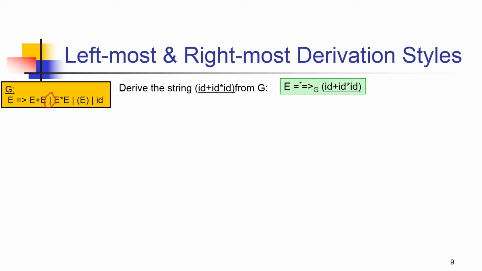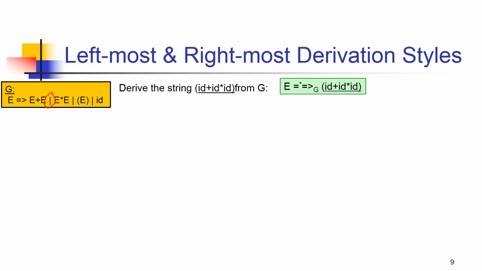So if I want to derive this string, in the previous class what we had done is we had randomly picked, depending upon our analysis, which variable I should proceed with first, and we had ultimately derived our string.